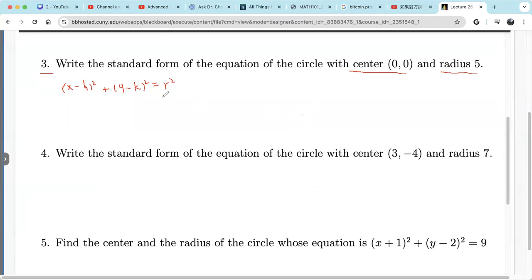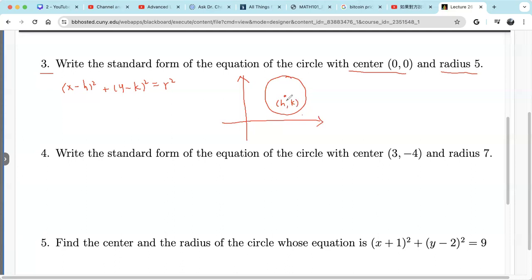This is built upon the distance formula. Remember, the distance formula has d squared equals x2 minus x1 squared plus y2 minus y1 squared. So we have a circle. Just for convenience, I draw it in the first quadrant, but a circle can be in any quadrant. We have a center, and we call the x value h, the y value k.